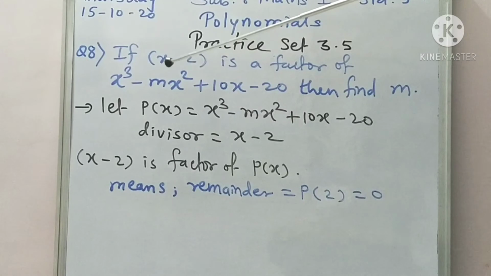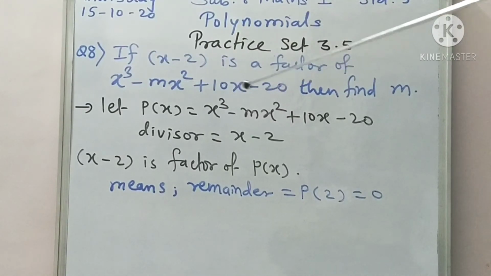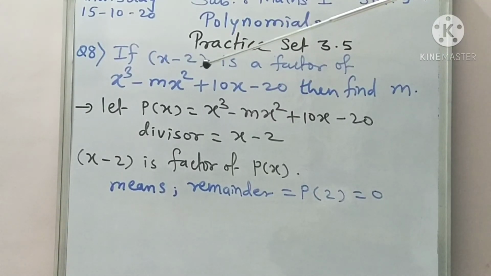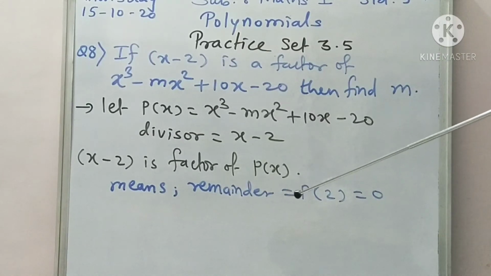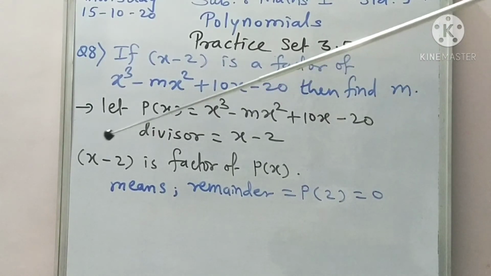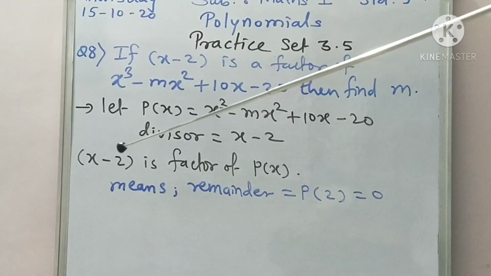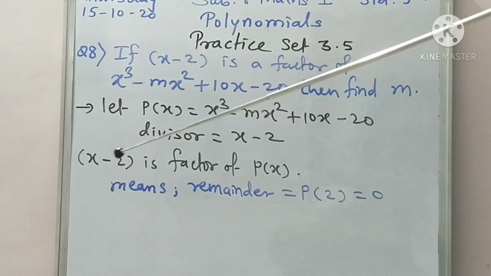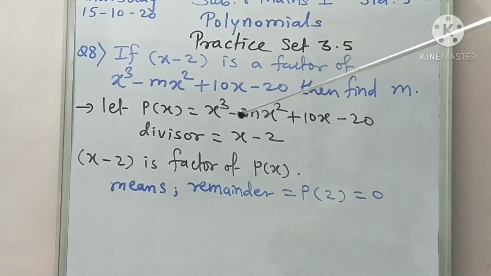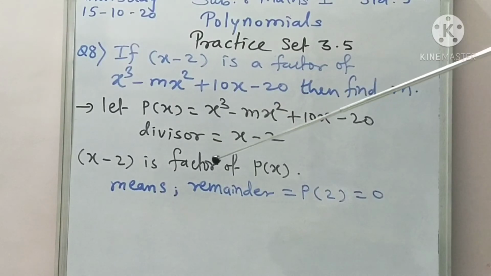Means as we divide the given polynomial by x minus 2, the remainder is 0. That's the meaning of factor.